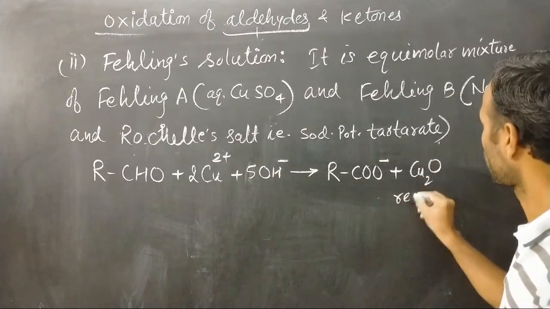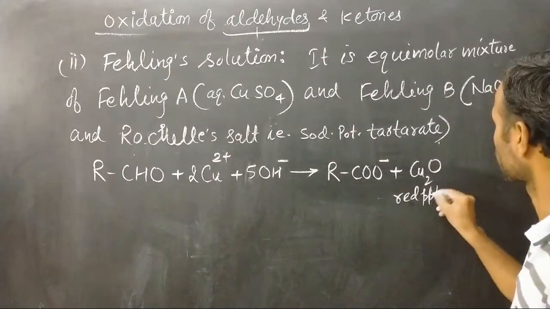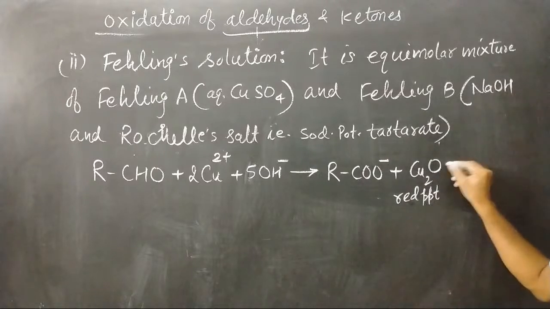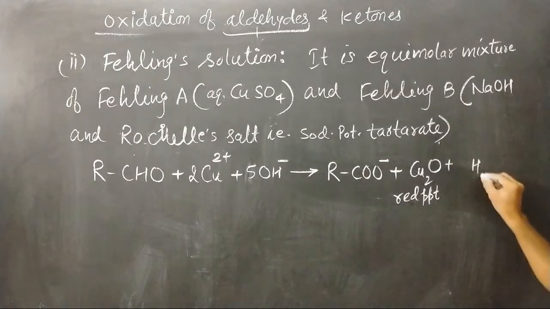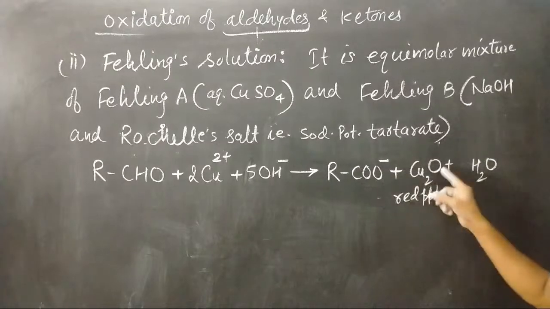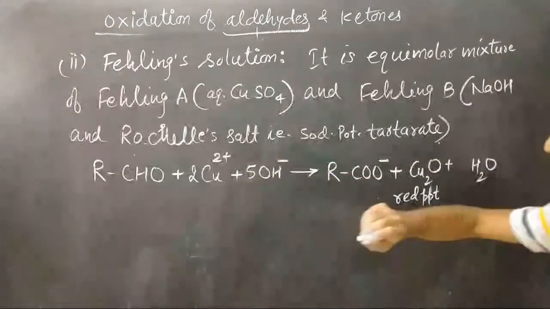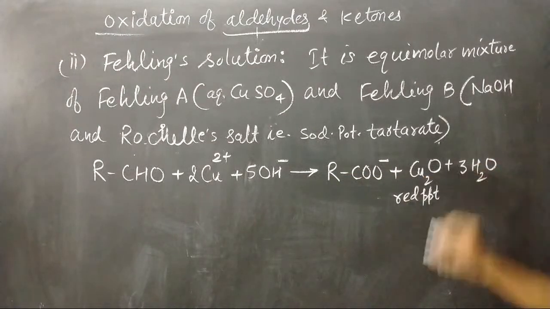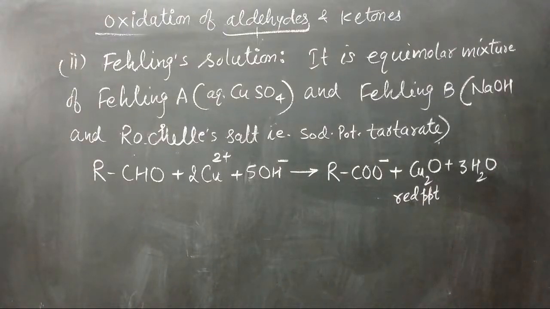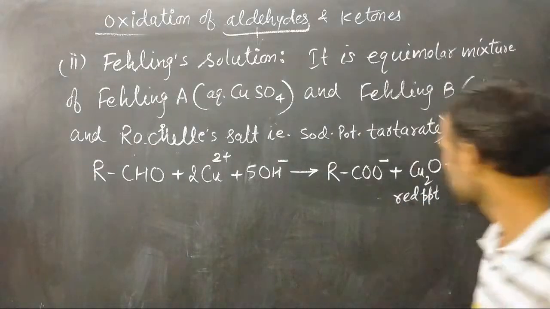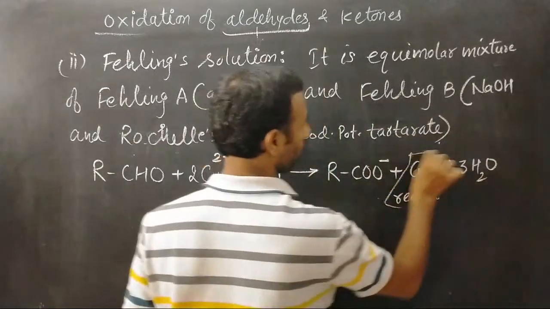A red precipitate of Cu2O, cuprous oxide, is formed along with 3H2O. Okay, good. So this is the product formed.